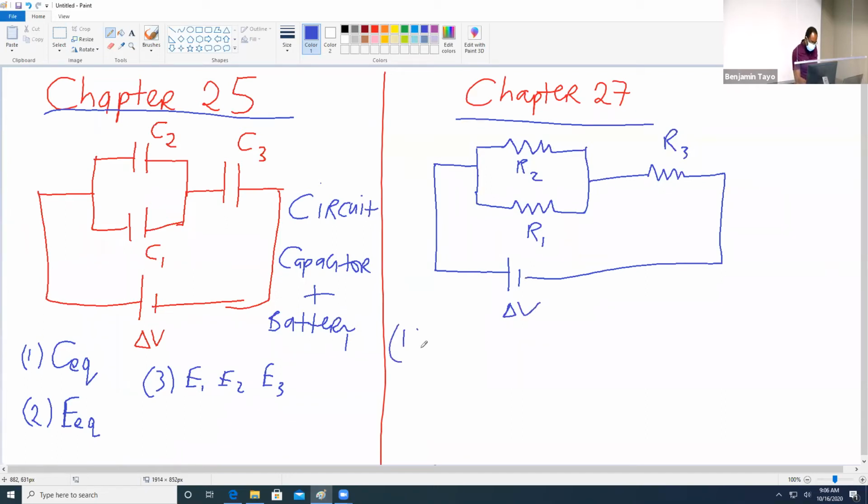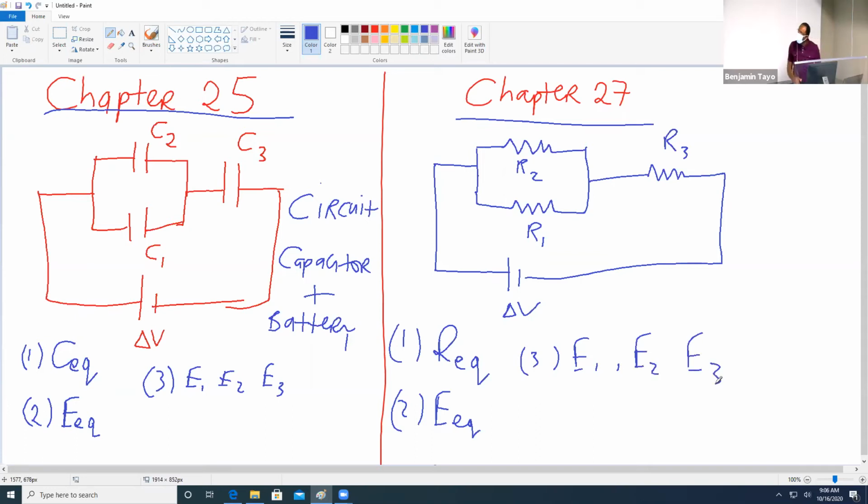For example, we can calculate the equivalent resistance. We can calculate the energy in the equivalent resistance. And we can also calculate the energy given to each resistor. I want you to see the connection between the two.